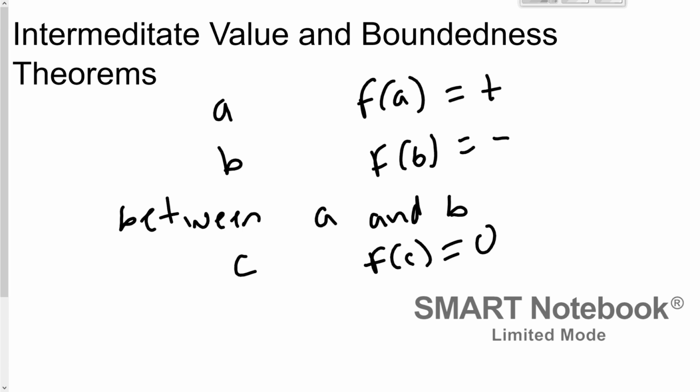So somewhere between a and b there is an x-intercept, or a 0, or a root.